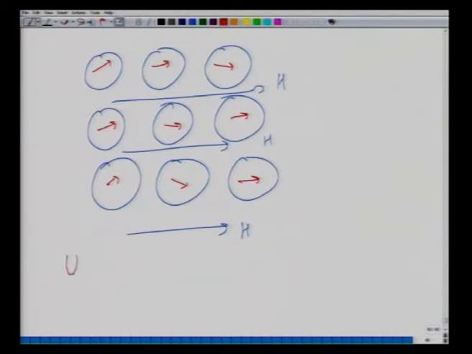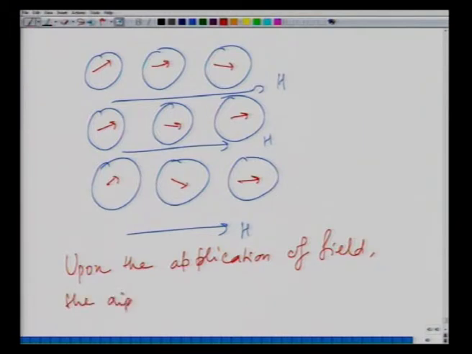So upon the application of field, the dipoles align.